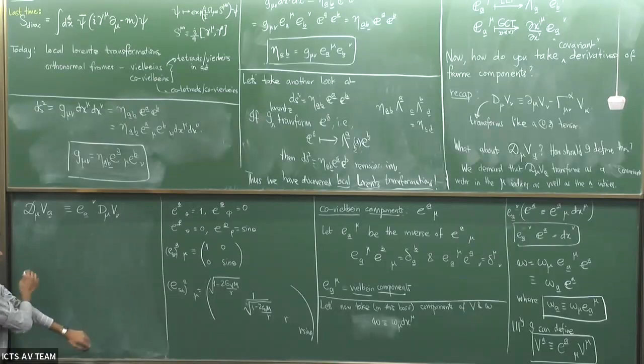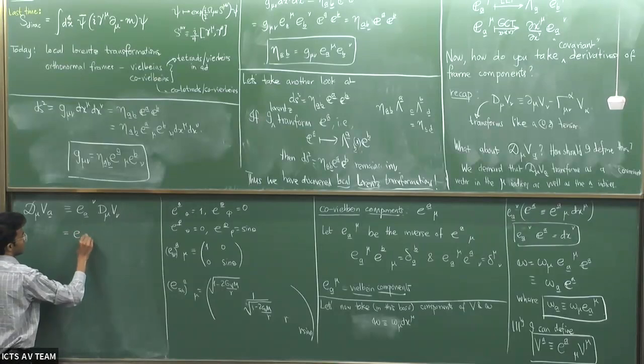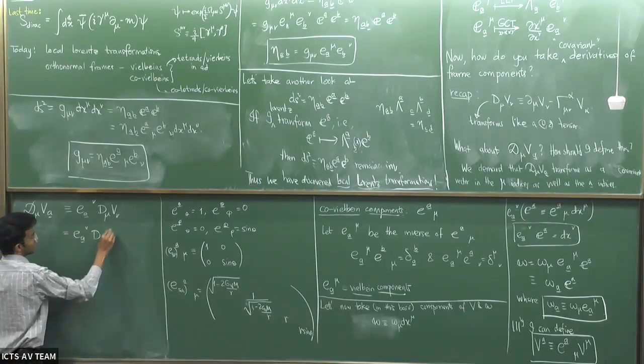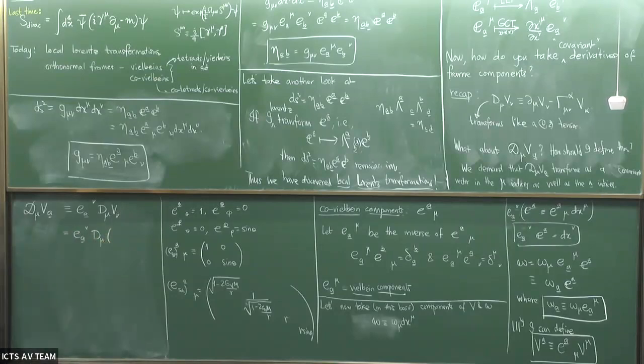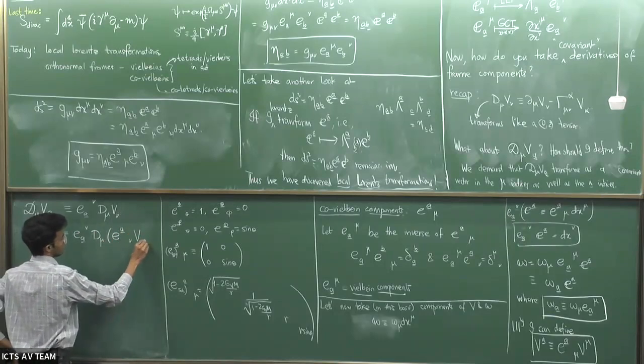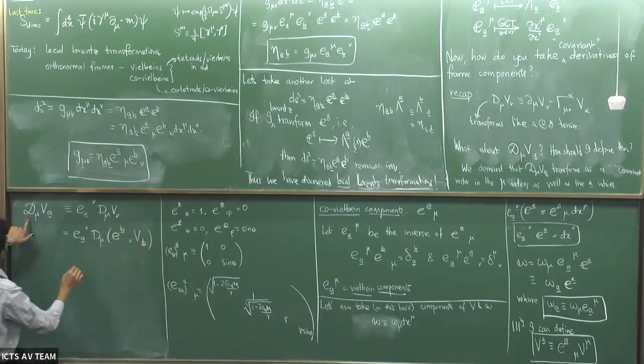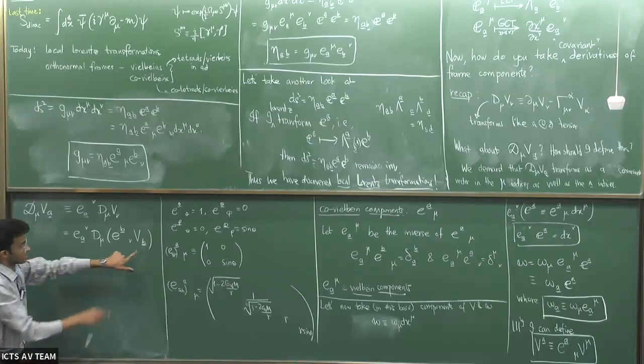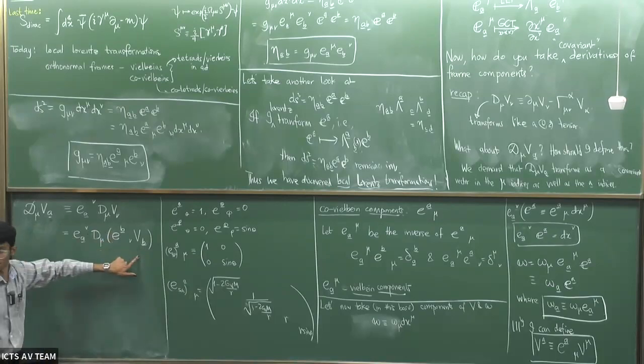I have to do something more. E a nu d mu v nu, where v nu is really E b nu vb. Remember that I'm taking a covariant derivative with respect to the frame component, so I want to write the answer in terms of frame components, which is why I wrote this in terms of that.